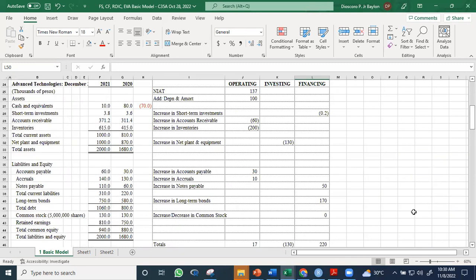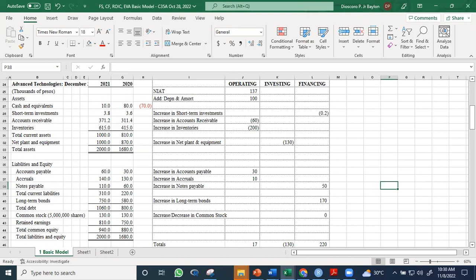So, quick summary here. For operating, the total was 17. It's positive, so this is the cash flow provided by operating activities. For investing, it's negative 130, so this is the cash flow used by investing activities. And for financing, it's positive 220. This is the cash flow provided by financing activities.